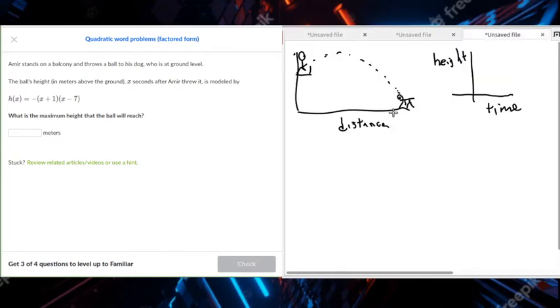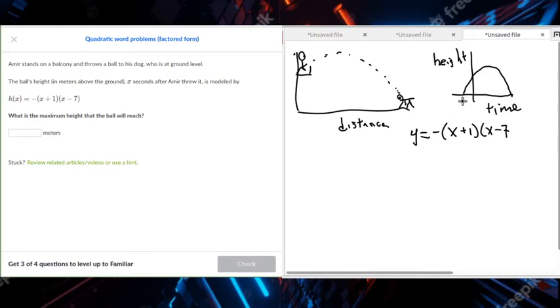And we know that this is y equals negative x plus 1 times x minus 7. That means it's going to look like that. Okay, it's going to open down.